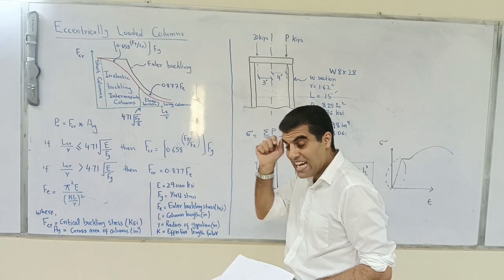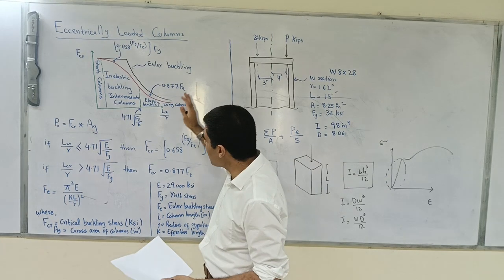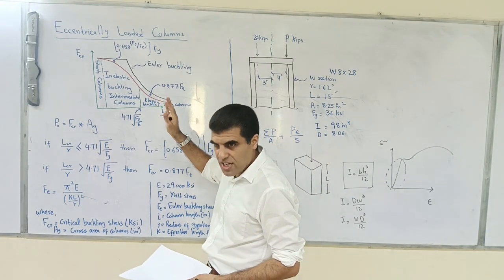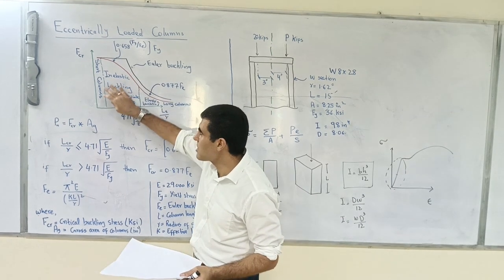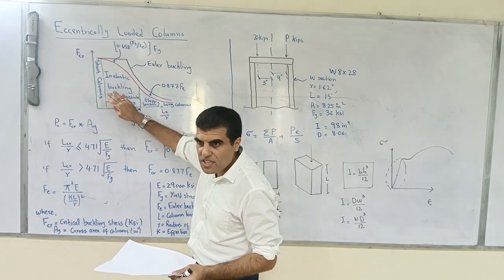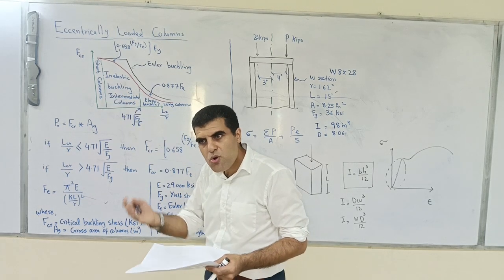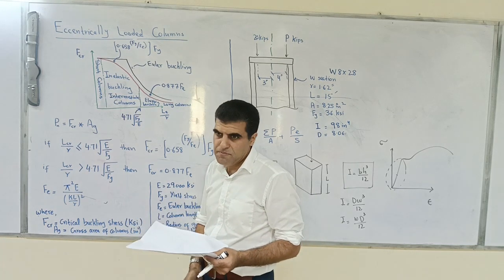So it's significantly higher. Then what happens is that if we keep on reducing the length of the column, we reach a stage where we have got buckling intermediate, which is called intermediate range. In this range, you can have partial buckling and partial crushing.